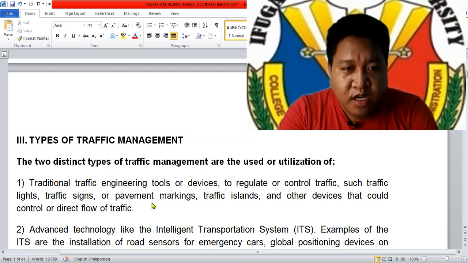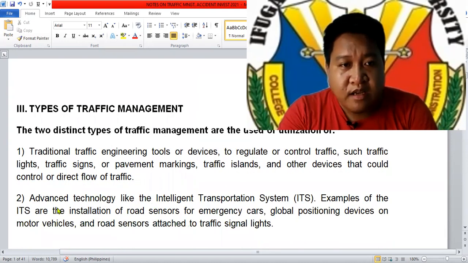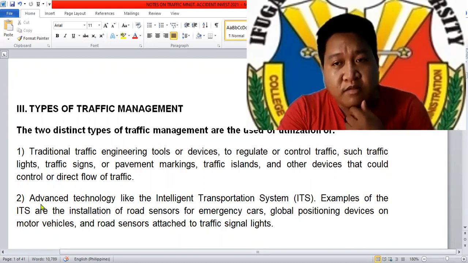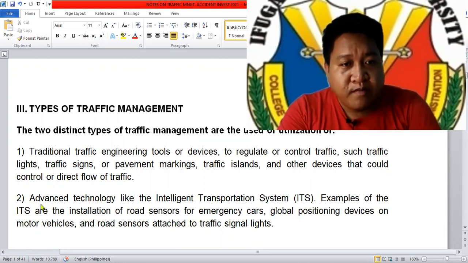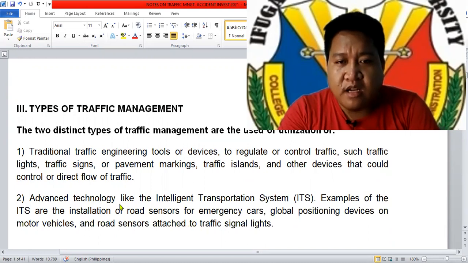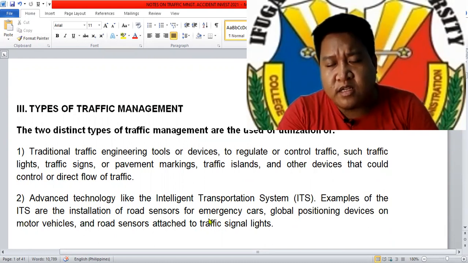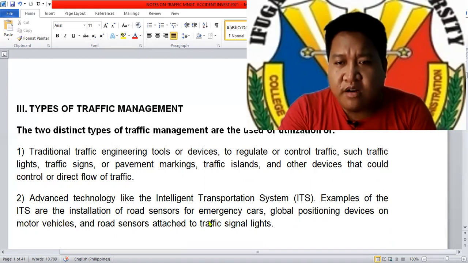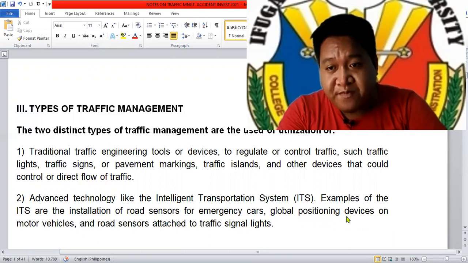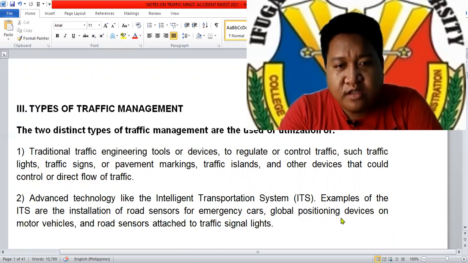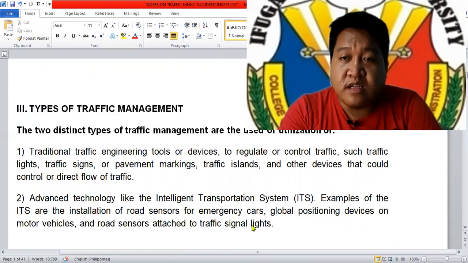Then secondly, because of technology today, especially in other countries but also including the Philippines, advanced technology like the Intelligent Transport System or the ITS. Examples of ITS are the installation of road sensors. These are all computerized systems for emergency cars, global positioning devices using GPS on motor vehicles, and road sensors attached to traffic signal lights.